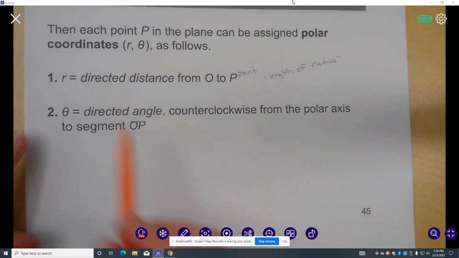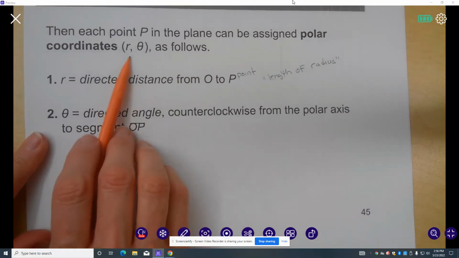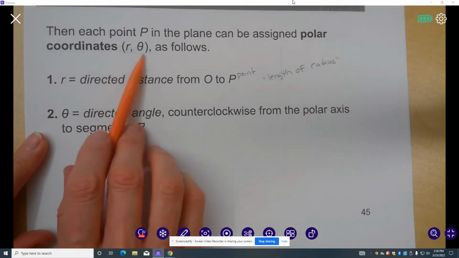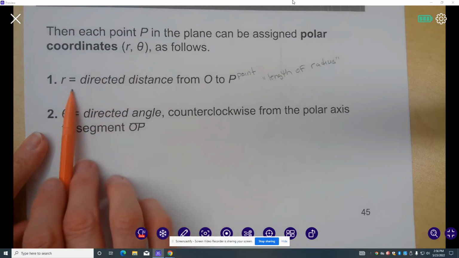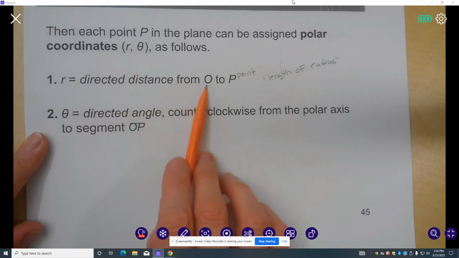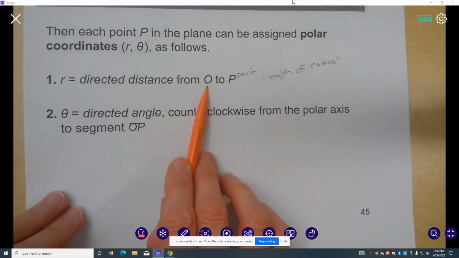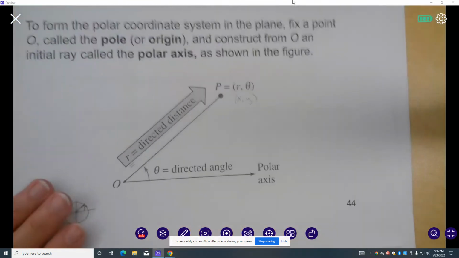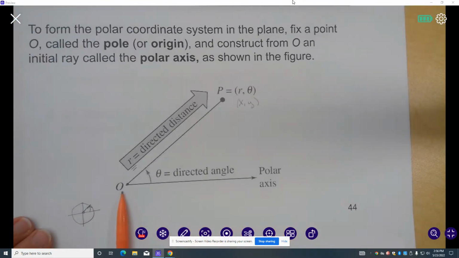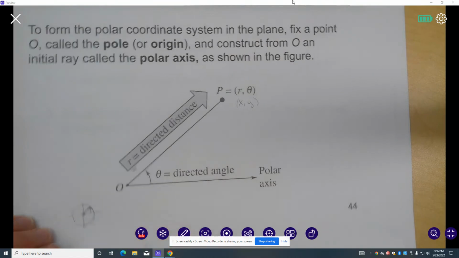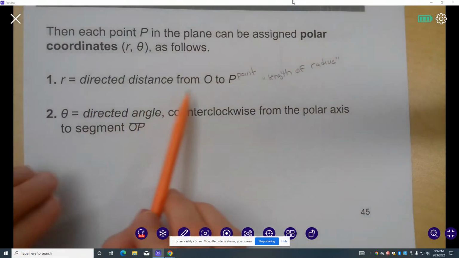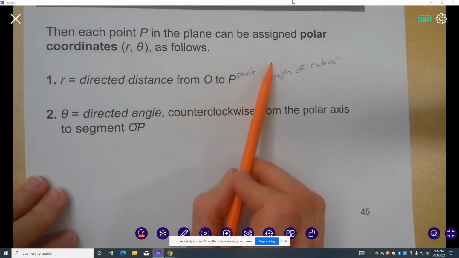Okay, so this also breaks down what a polar coordinate point consists of, an R and a theta. So R is the distance from the starting point, they call this the origin or the pole. Again, you can think of it just like the same origin that we have on the unit circle or on the coordinate grid. So it says the distance from the pole to the point.